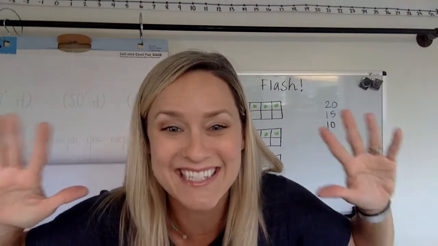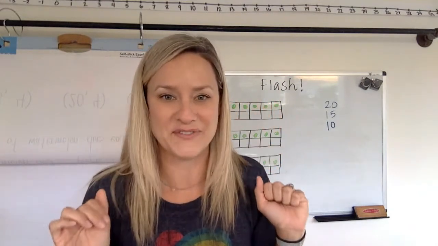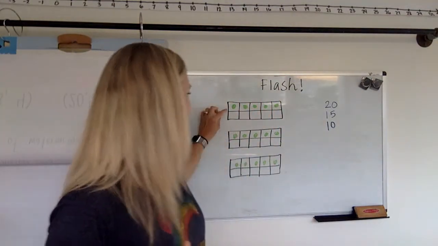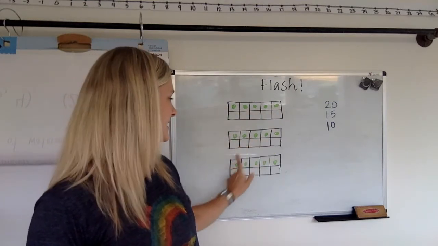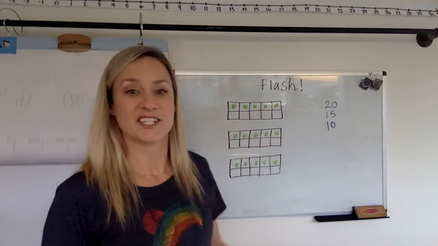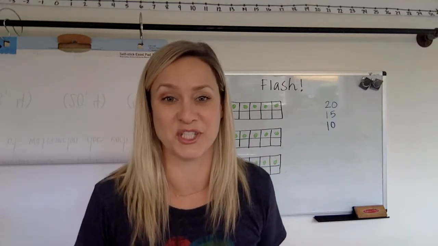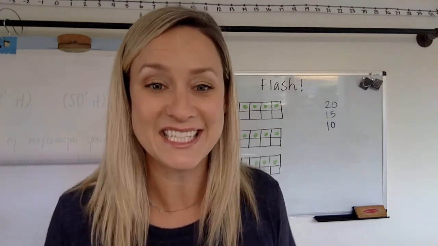Did anybody use their toes? Okay, so that would be 5, 10, and then 5 more than 10 is 15. So let's count those. Ready? 5, 10, 15. So 15 dots were shared in 3 groups, and each group got 5 dots.